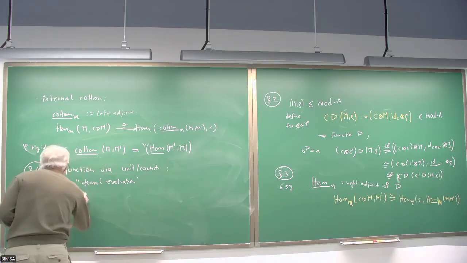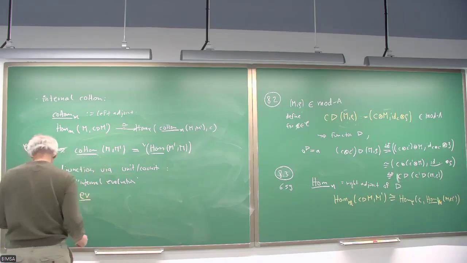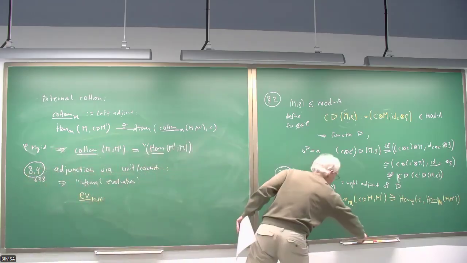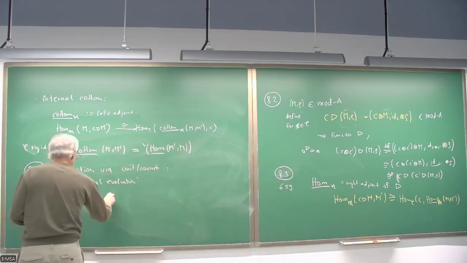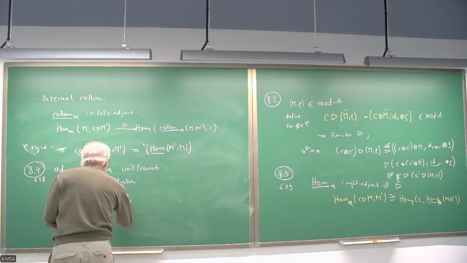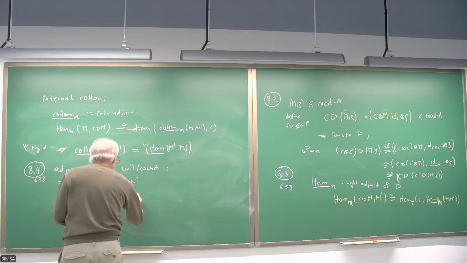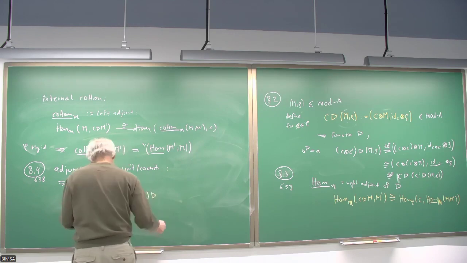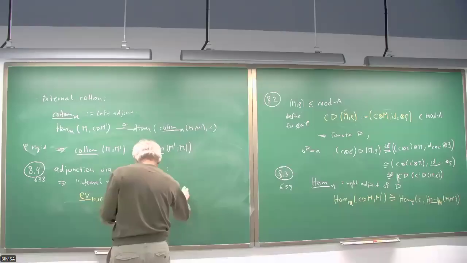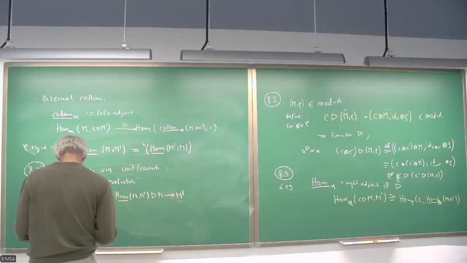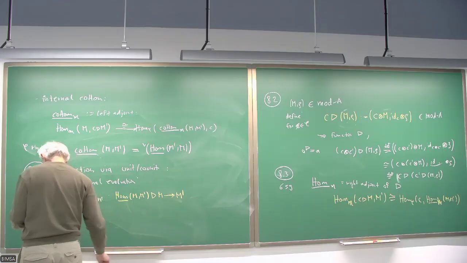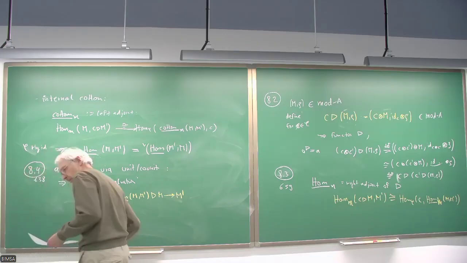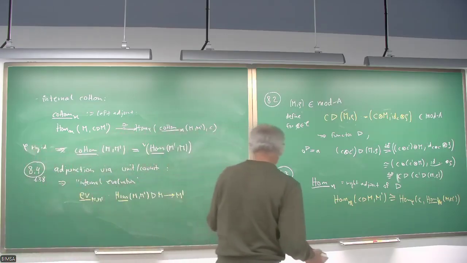I write it as evaluation with an underscore for M and M prime, which is a morphism from the action of the internal hom of M and M prime on M to M prime. And then one has the following lemma.